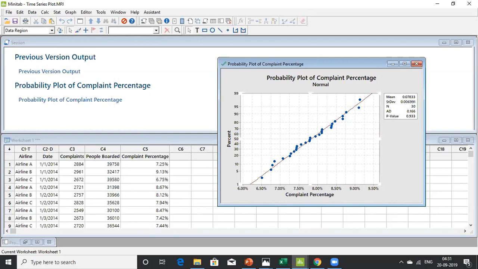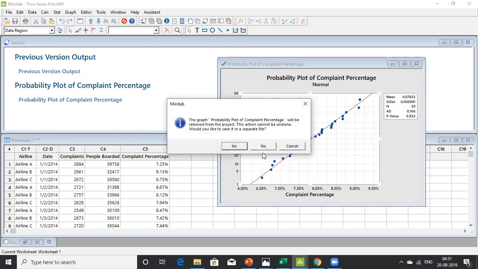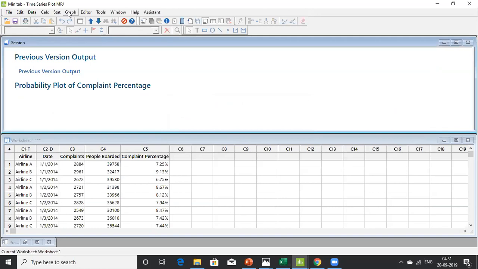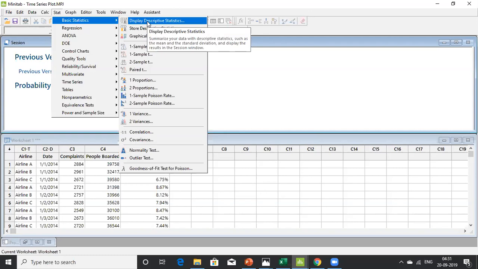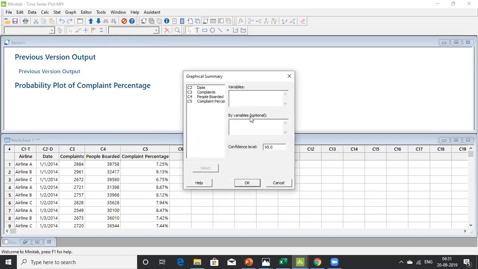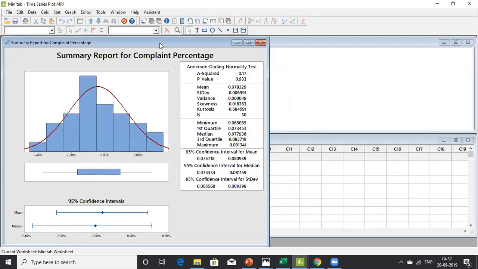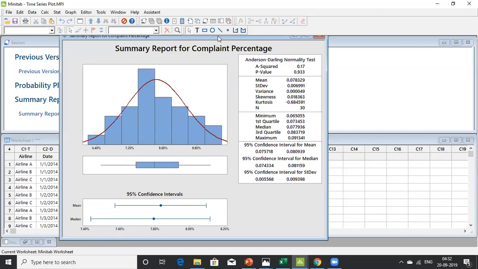Okay, and a couple of other tests that you can use. One is that you can do a graphical summary of the complaint percentage. You get this. Here again, you have a normality test p-value, which is the same.